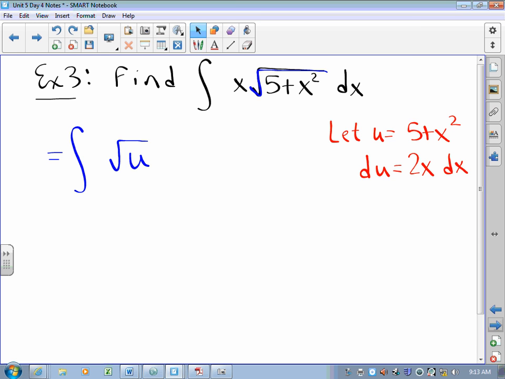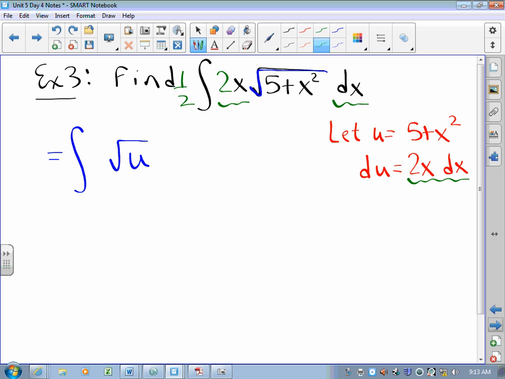The problem is I have an x dx when I need a 2x dx. And so, oh my gosh, how are we going to do that? Again, as mathematicians, we creatively multiply by 1.